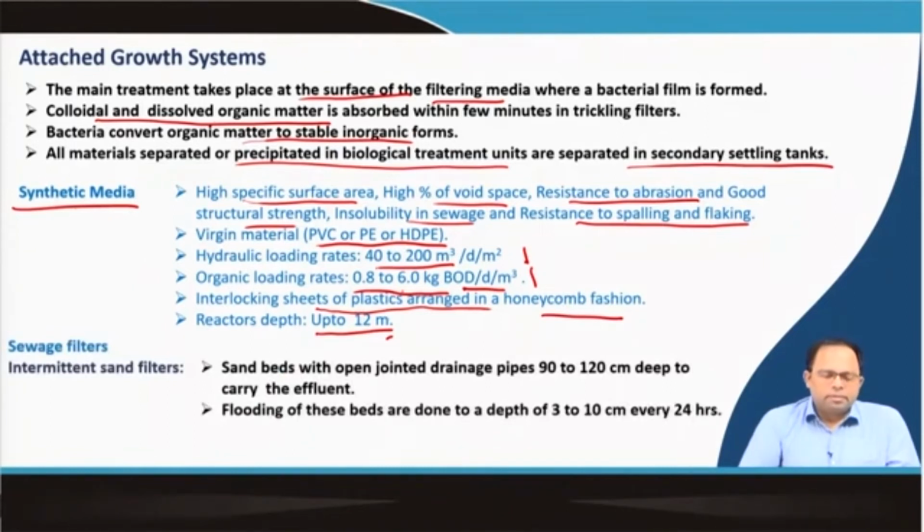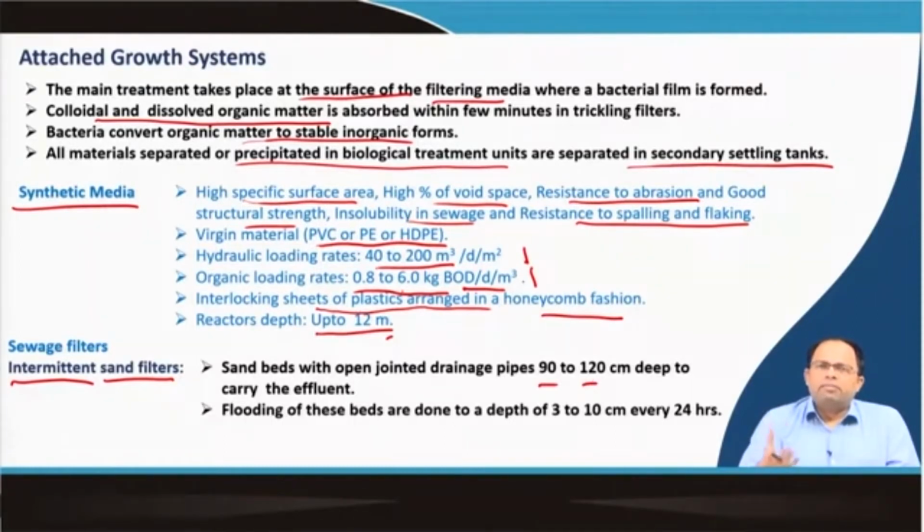Sometimes this is synthetic media, but we can also have very simple systems such as sand filters or intermittent sand filters, and these are sand beds with open jointed drainage pipes below, 90 centimeter to 120 centimeter, 3 to 4 feet below.